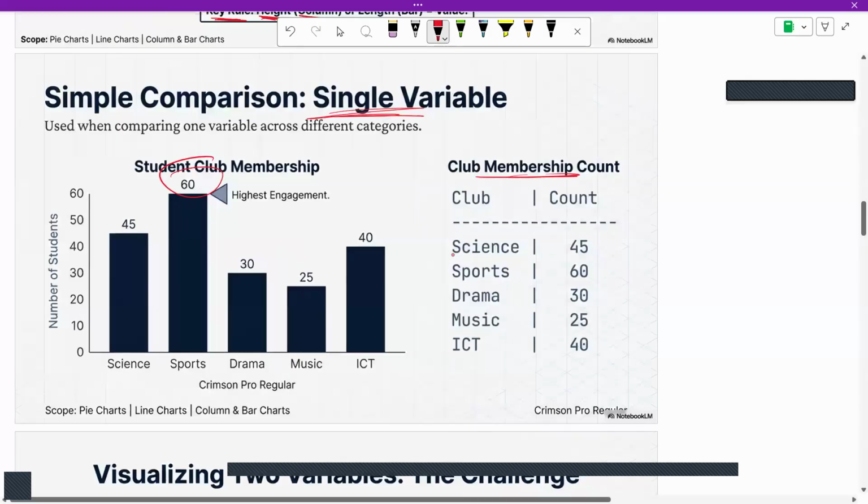There are 5 clubs: science club, sports club, drama club, music club, and ICT club. And counting in the class, there are 45 students associated with science club, 60 students associated with sports club, and drama 30, like that. So how can we present this data, this table, in a column chart?